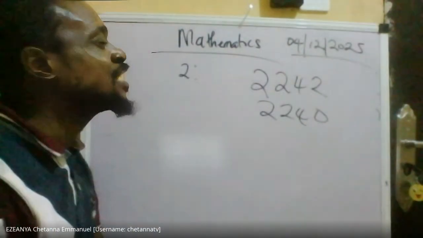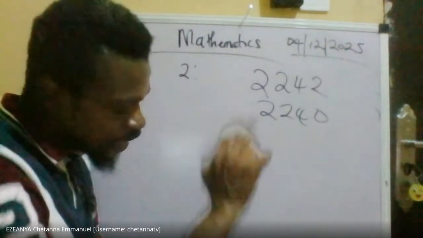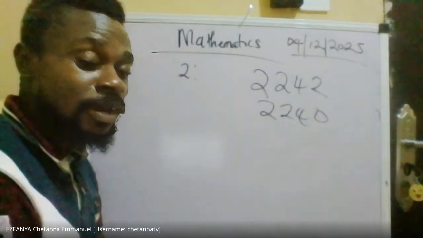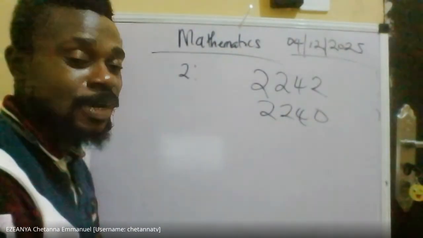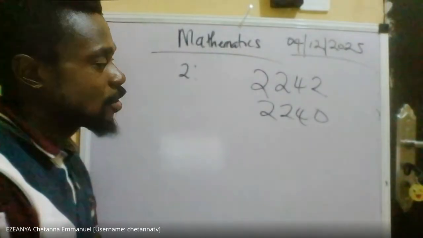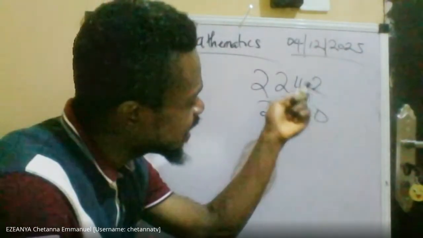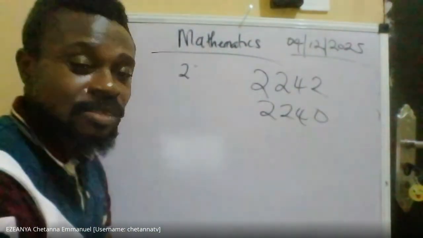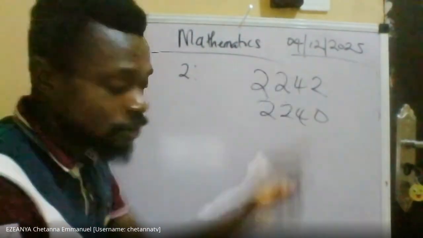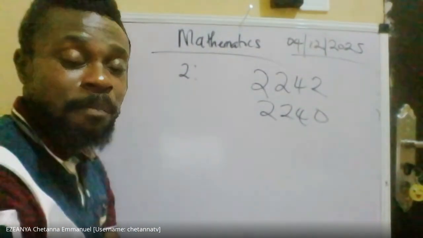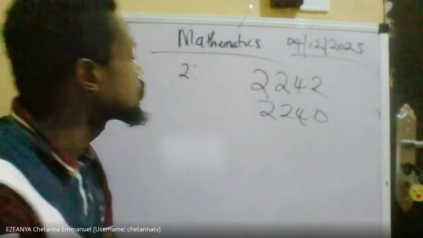You don't even need to do anything, you just think. Sometimes such can form an OBJ question to test your knowledge of division. So any number whose last digit is even or 0 is divisible by 2. Is that clear?